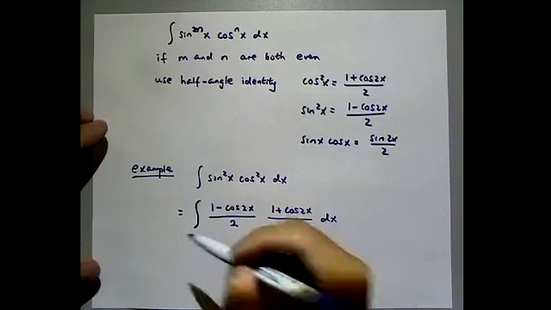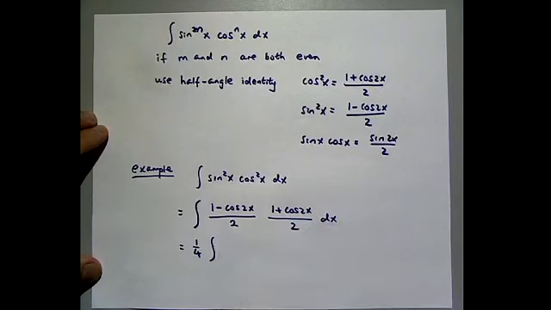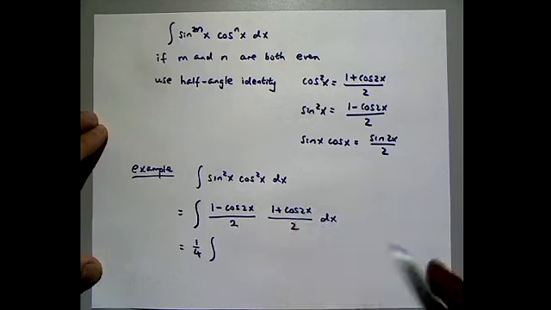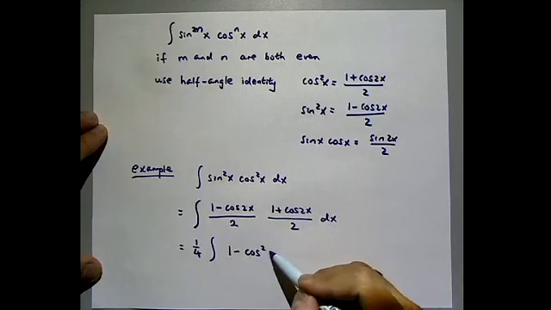Let's take that out. And then inside, I have 1 minus cosine 2x times 1 plus cosine 2x. So I do 1 minus cosine 2x squared.